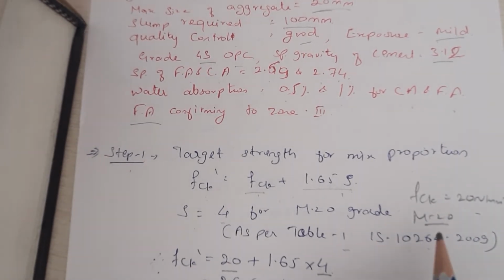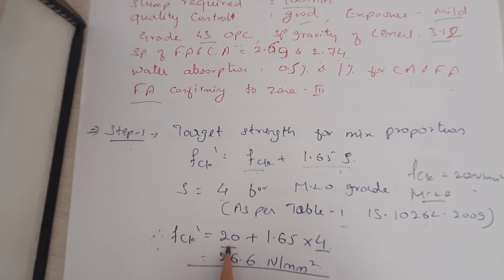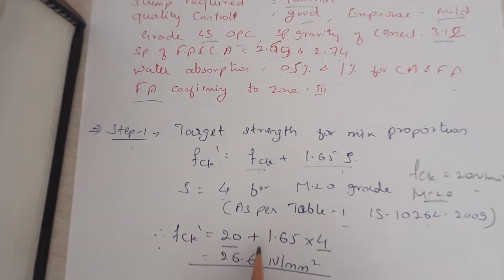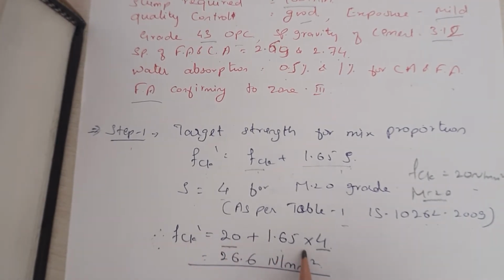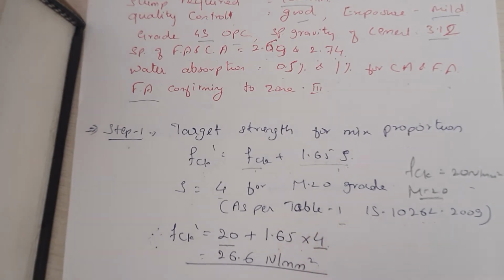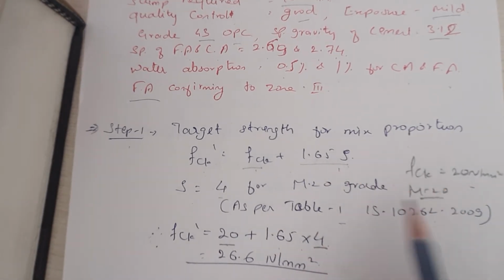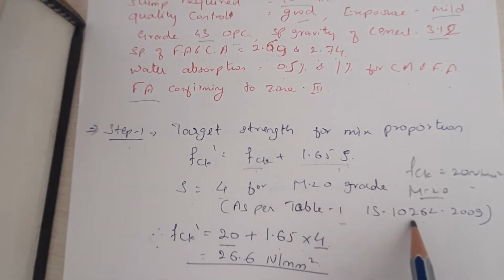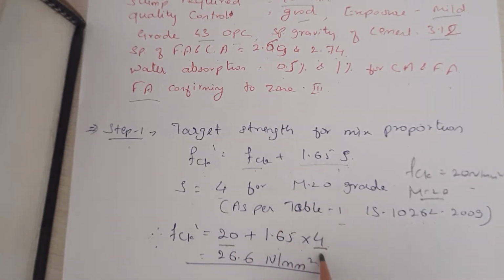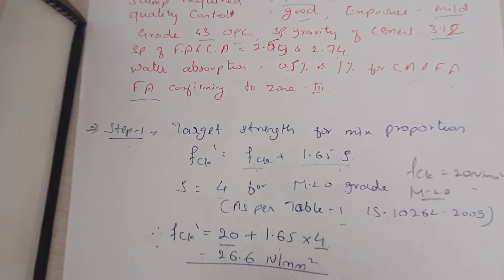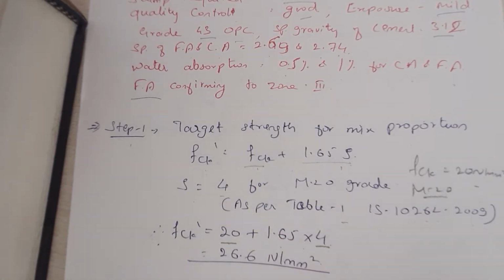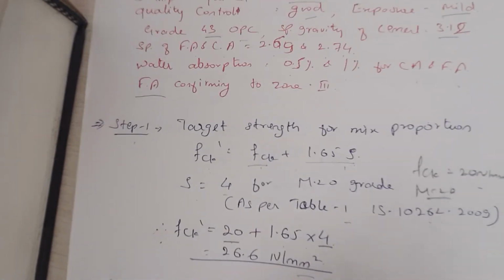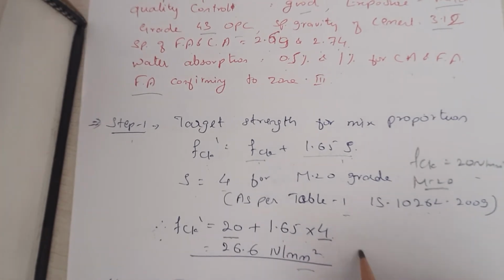So I have added fck as 20 plus 1.65 into 4. As per table number 1 of the IS code, for M20 grade of concrete the S value is 4. By calculating this I got the value of 26.6 Newton per mm square. This is my first step.